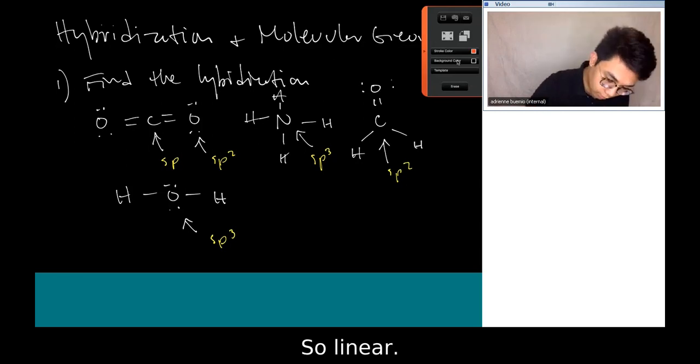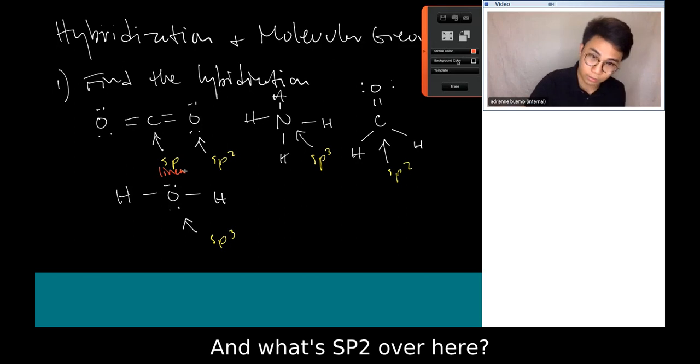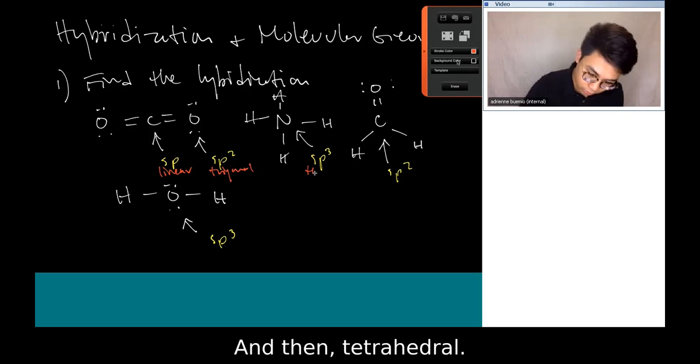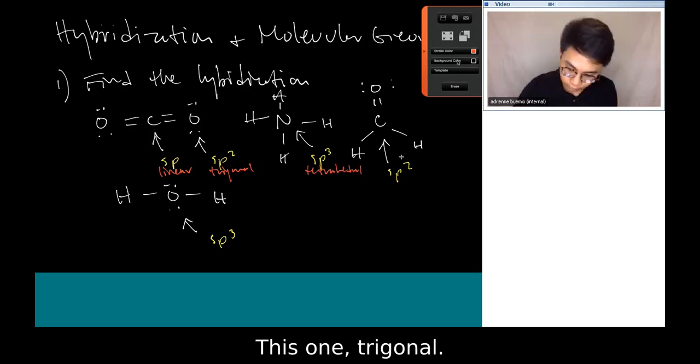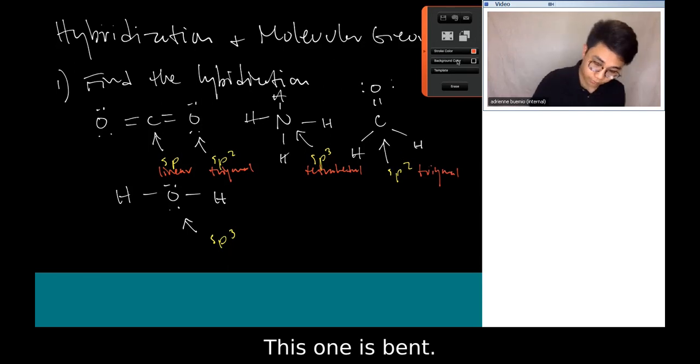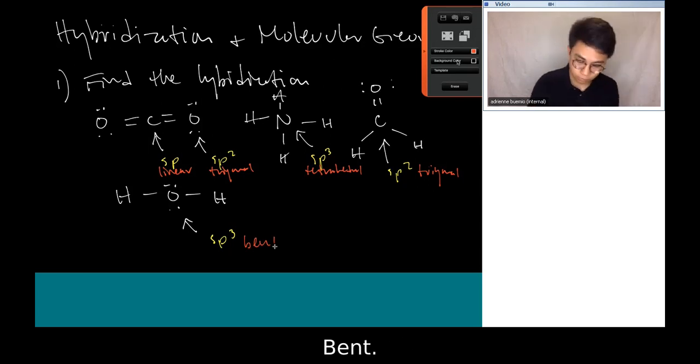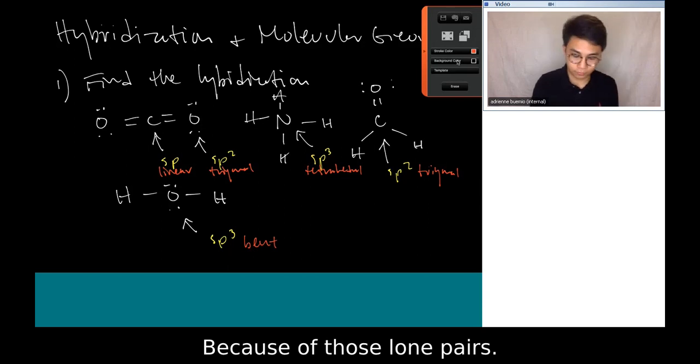So linear, right? And what's SP2 over here? Trigonal, right? And then tetrahedral. This one, trigonal. This one is bent, right? Tetrahedral bent, because of those lone pairs.